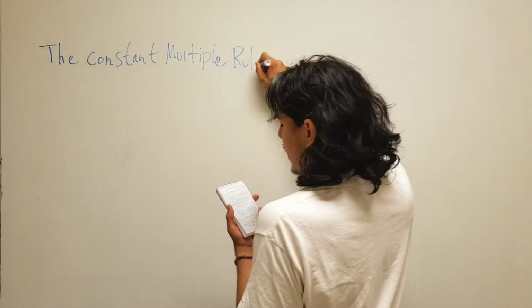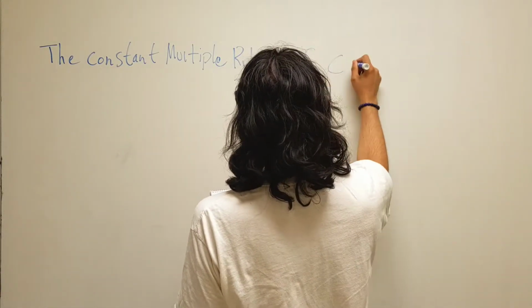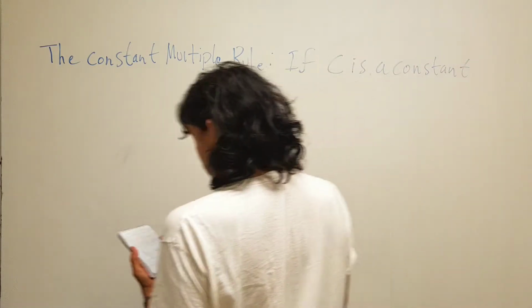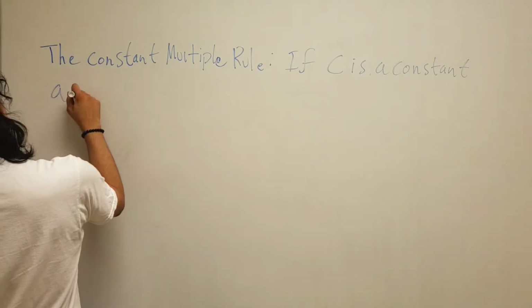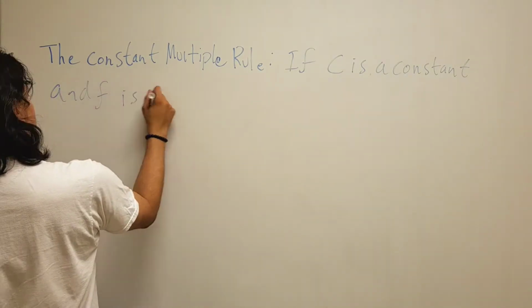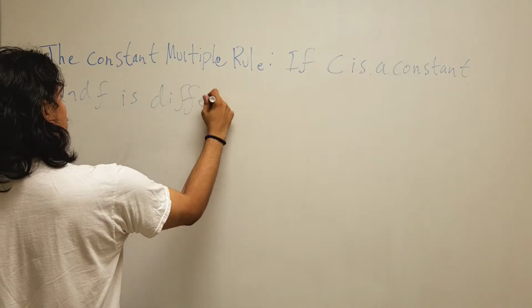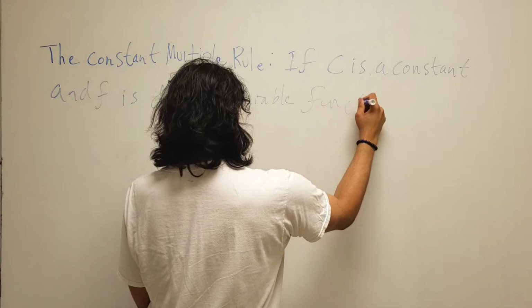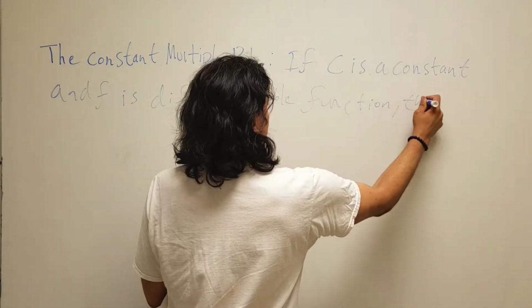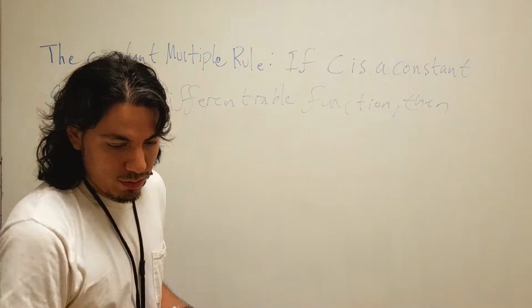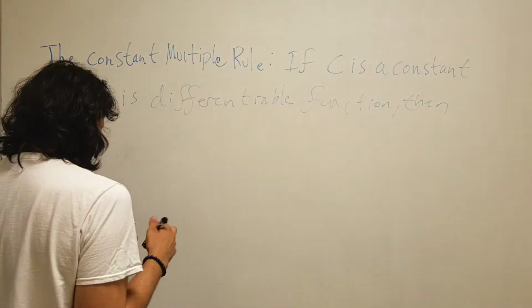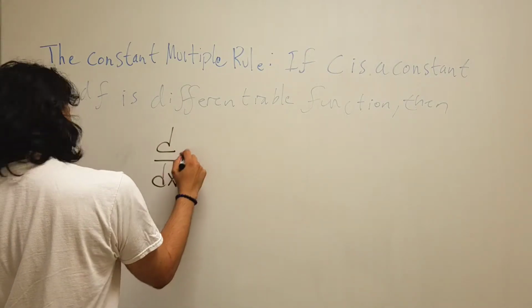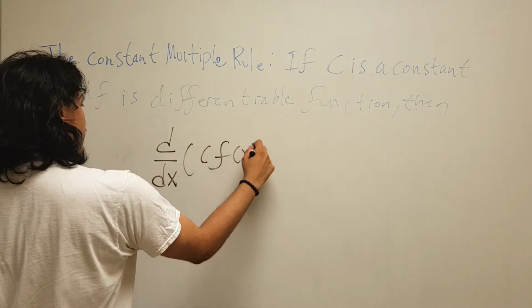What this is just saying is if c is a constant and f is a differentiable function, then d over dx of c f of x, right?